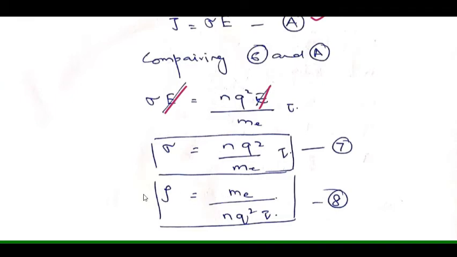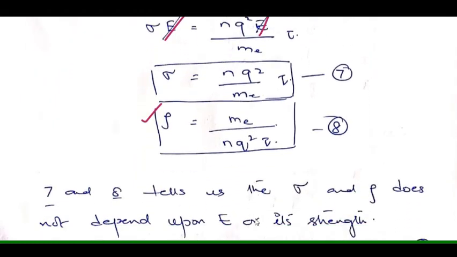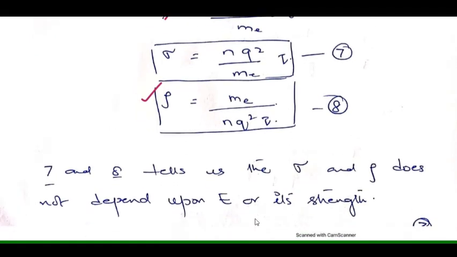Or if I want to calculate resistivity, the resistivity is equal to m_e over n q squared tau. So equations 7 and 8 tell us that sigma and the resistivity do not depend upon E or its strength.